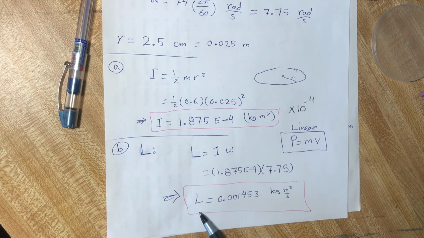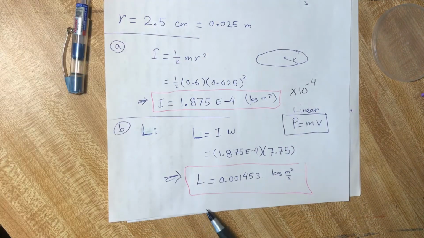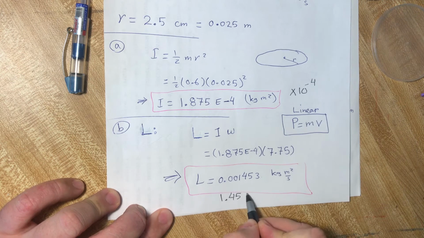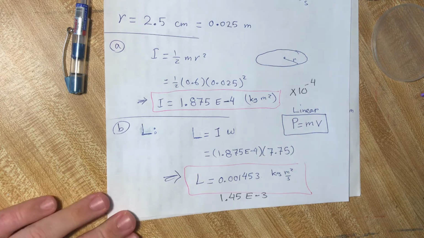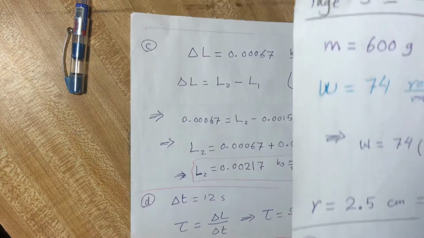Now, the angular momentum in this case is equal to this long number. We can use it as 1.45 multiplied by 10 to minus 3. It is okay. This is the angular momentum.